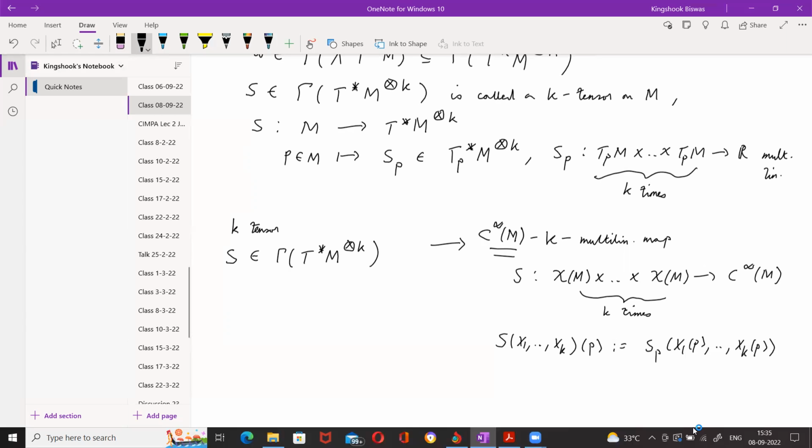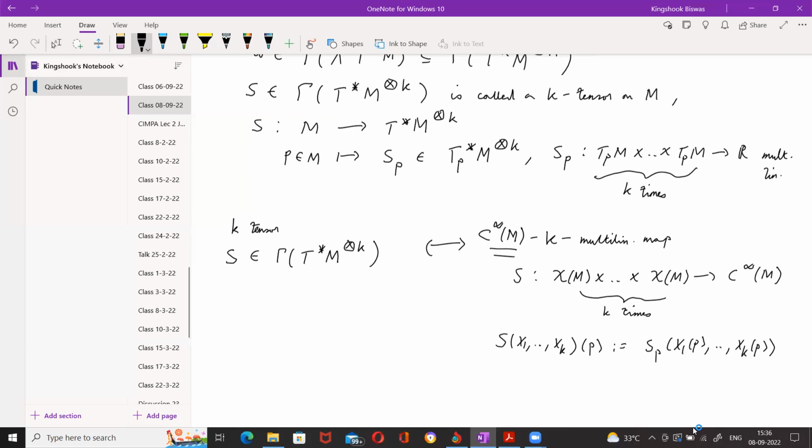So a C infinity M k-multilinear map will give you back a k-tensor, which is a section of the kth tensor power of T star M. So in fact, there is a one-to-one correspondence between these.